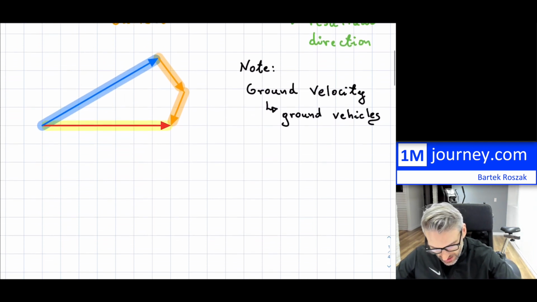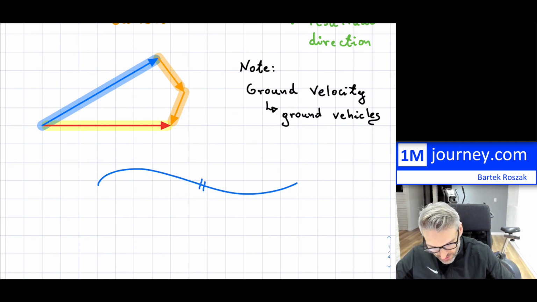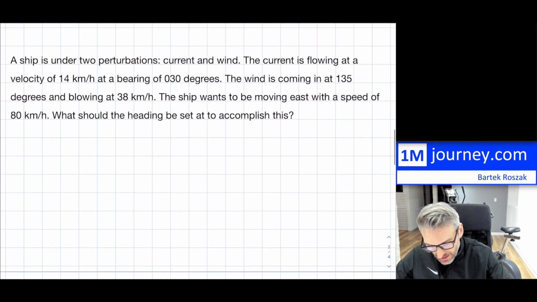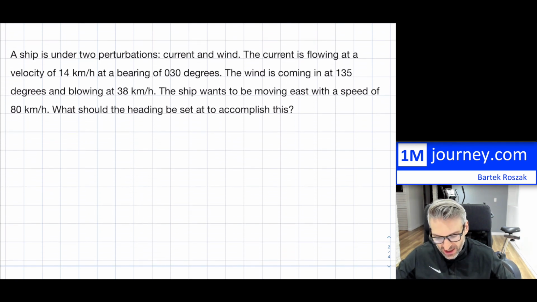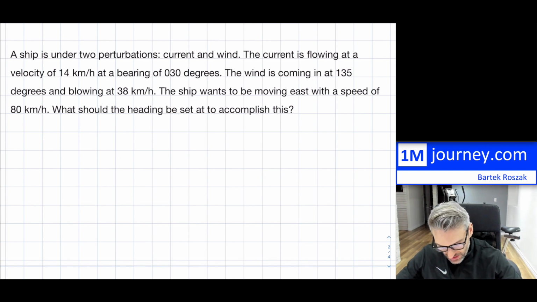So here is an interesting example which talks exactly like this. Now, this isn't going to be anything new if you have done this style of questions with vectors, which is really you're just calculating resultant vectors, or a vector which is missing. So let's take a look at what they give us.